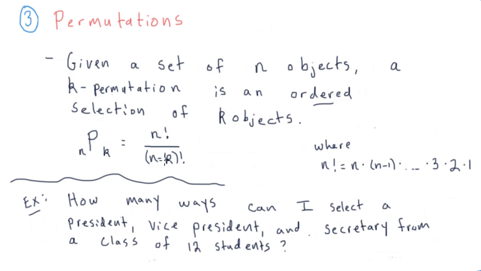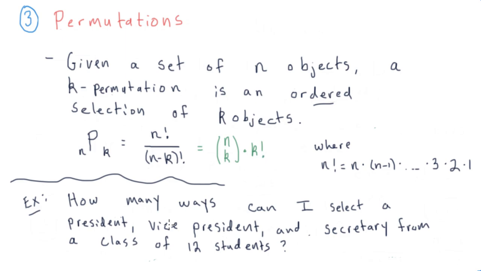That's the total number of k permutations from an n set. And notice that this is equal to, sometimes this is useful, n choose k times k factorial. So if you want to relate it to the combinations, you could just take the k combinations and multiply by k factorial.